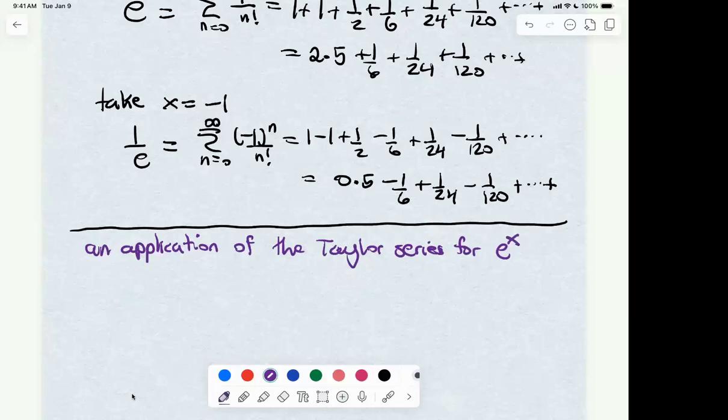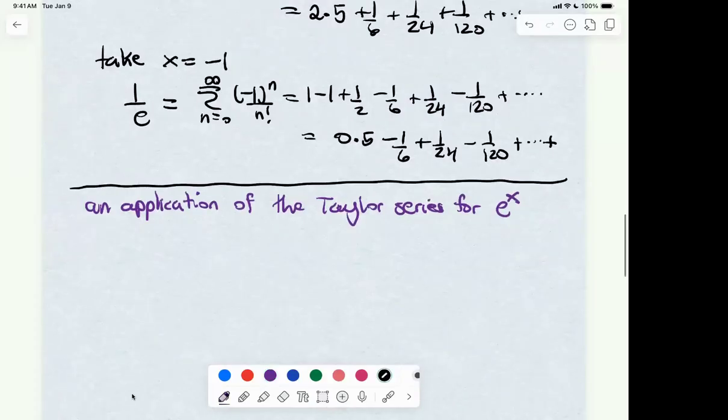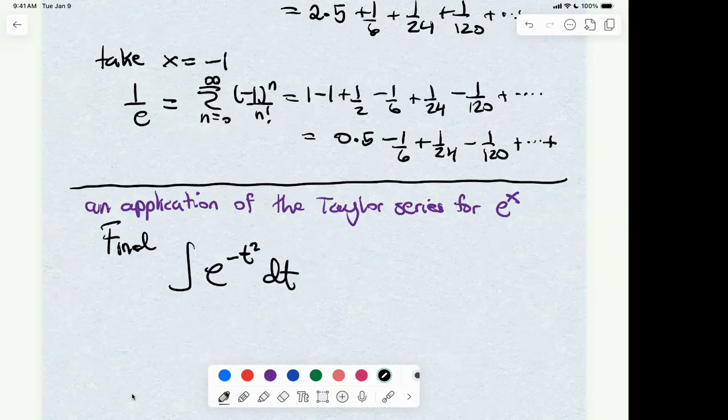So for example, here's an application of it. If you look at this integral, I promise you, you will fail if you try to do a substitution, or integration by parts.